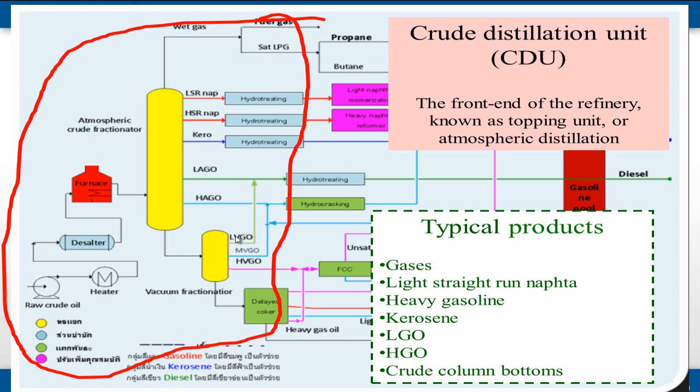And before we talk about the atmospheric distillation unit, we should prepare the crude oil feed for good operation in this unit. The required unit in front of the ADU is the desalting unit here.